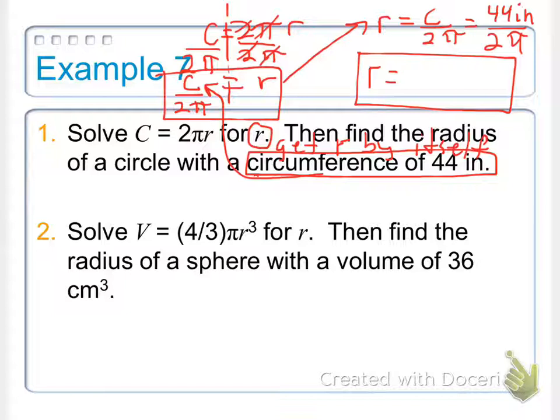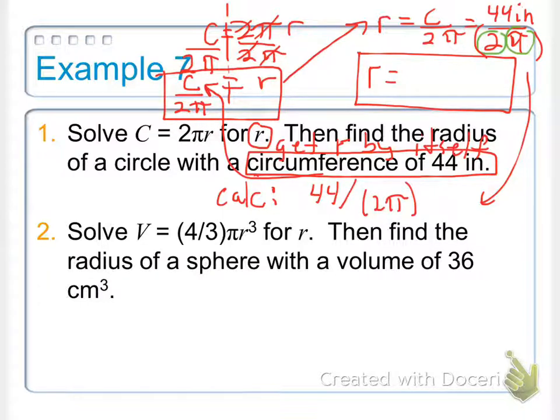Now be careful on your calculator, since both 2 and pi are dividing, make sure you put it in parentheses. If you don't put the parentheses, it just divides by 2 and then it multiplies by pi.